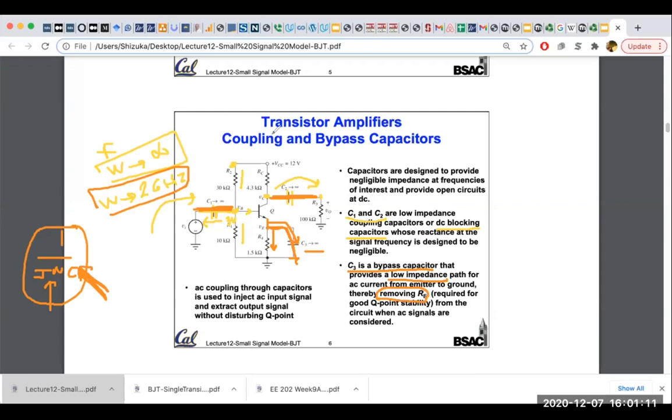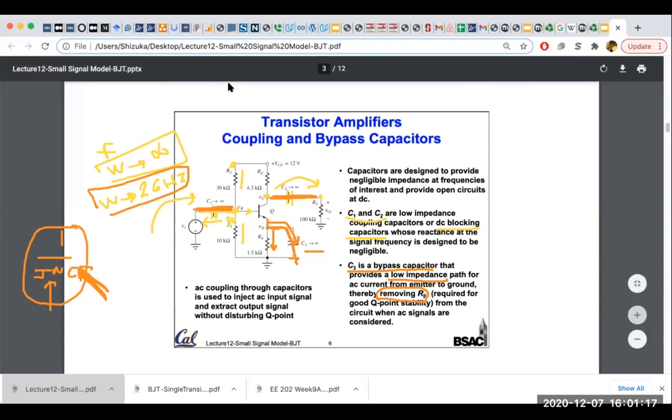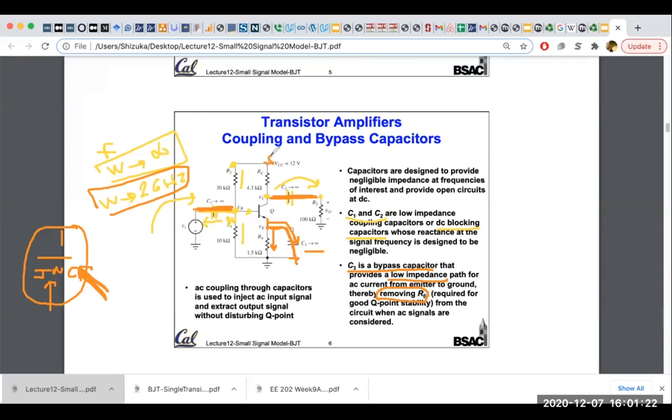And when we do the AC domain, we ground all the DC signals. Basically, we have a VCC here, we make that ground, okay? Ground is already ground. If you have a current source, just like when you do the Thevenin, when you find the equivalent resistance, you kill the current source, right?